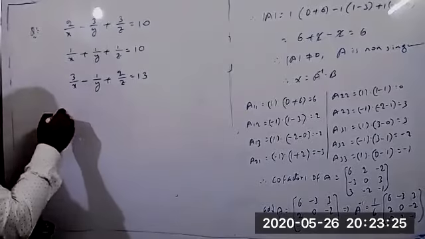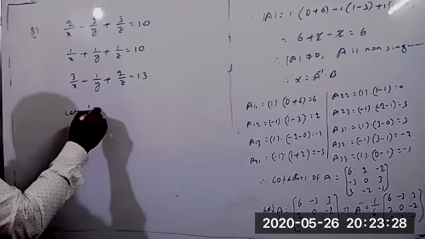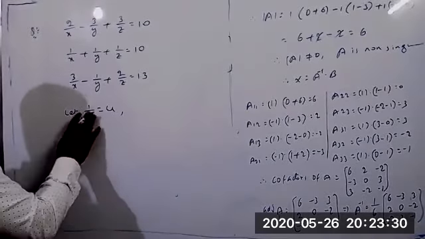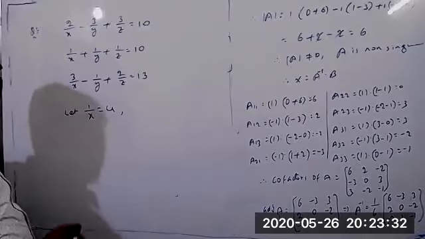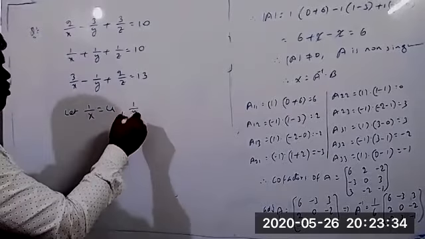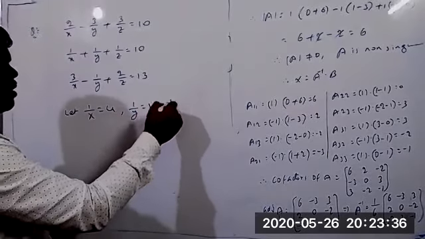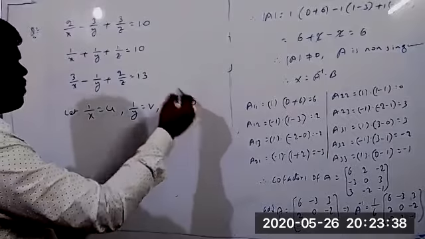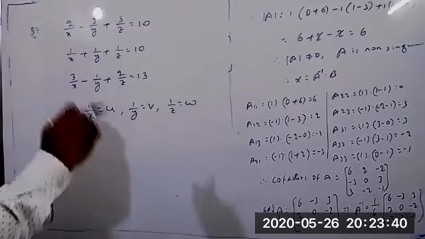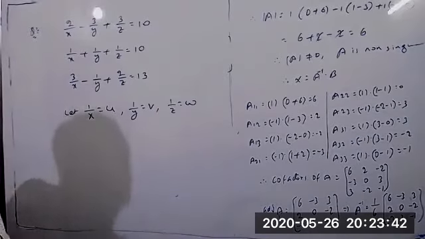Let 1 by x equal u, 1 by y equal v, and 1 by z equal w. Now substitute these three values.